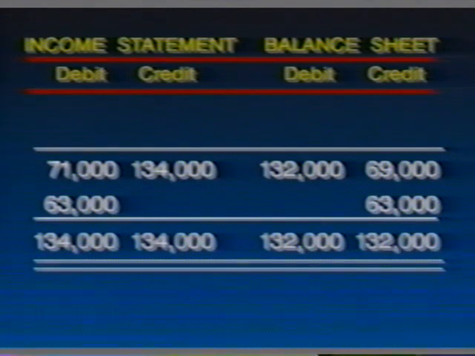The total debits and credits on the income statement are $134,000, and the total debits and credits on the balance sheet are now $132,000. Keep in mind that if the debits on the income statement are bigger than the credits, there would be a net loss. This loss is added to the credit side of the income statement because your expenses are greater than your revenues. Also added to the debit side of the balance sheet because a loss decreases owner's equity.